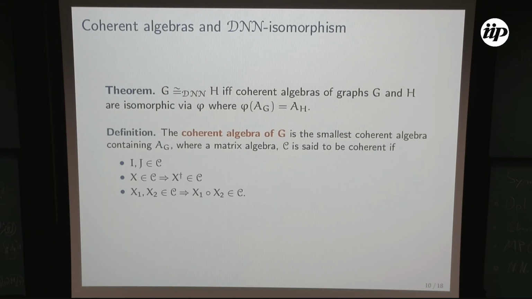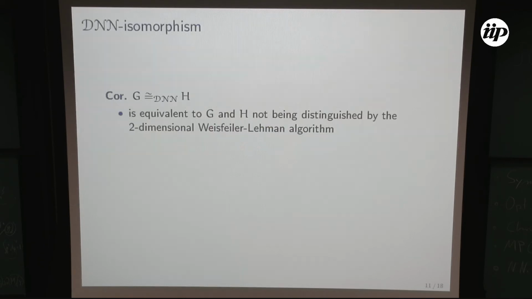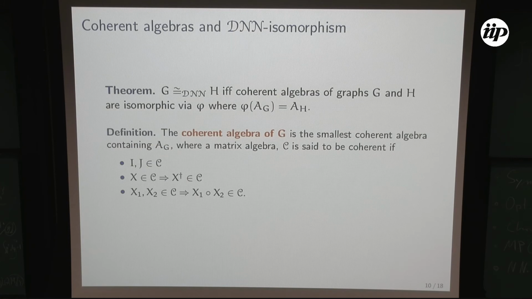Then your algebra is closed under taking the complex conjugate transpose. You also need your algebra to be closed under taking the Schur product, the entry-wise product. It's like how you would multiply matrices if you didn't know how to multiply matrices. Okay, so this is a coherent algebra.